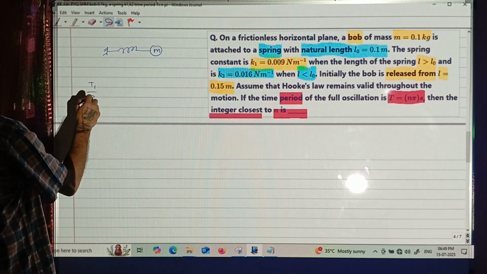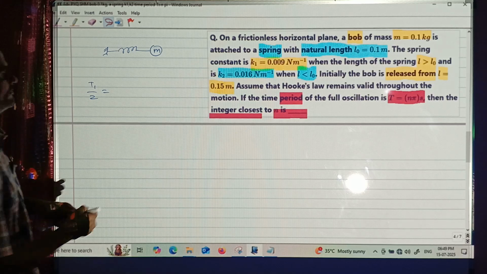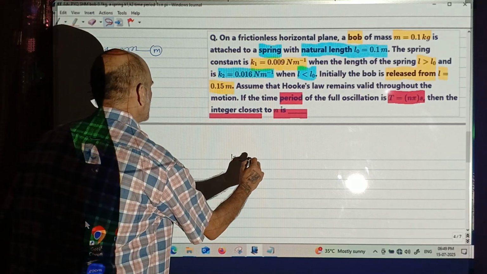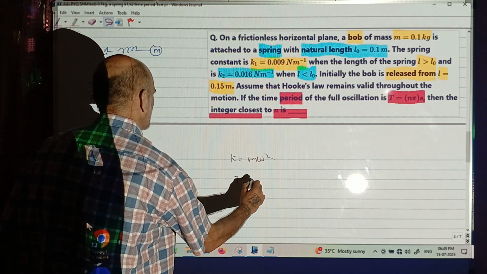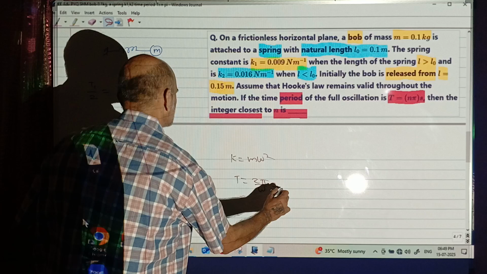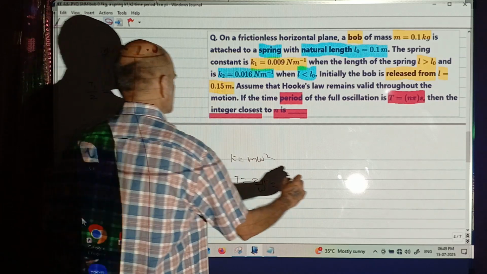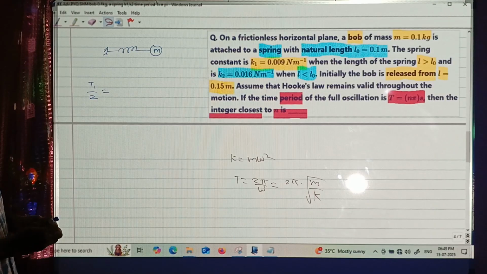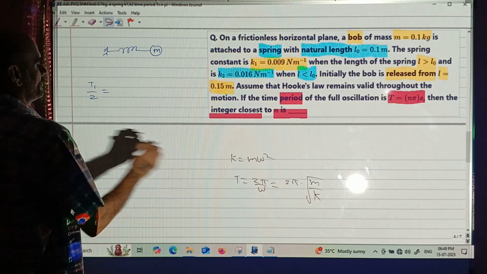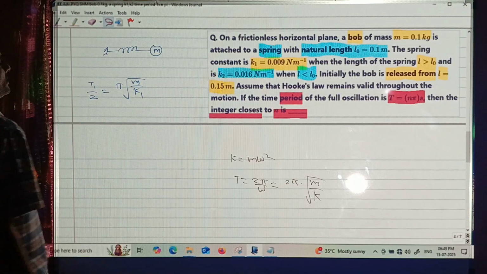For the first half, T1 by 2, we use the relation for a spring system: K equal to m omega square, and time period T is 2 pi by omega. So the time period is 2 pi times square root of m by K. The first half duration will be half the time period, which is pi times square root of m by K1.